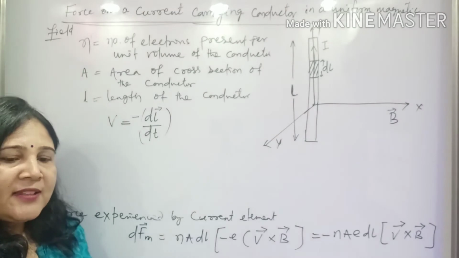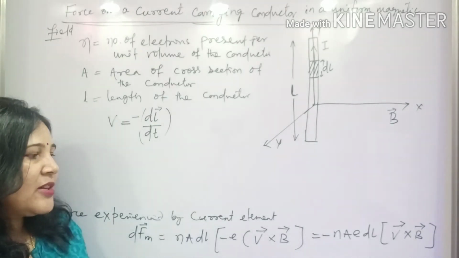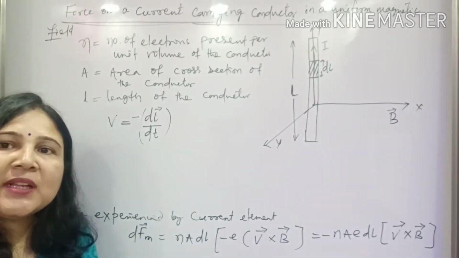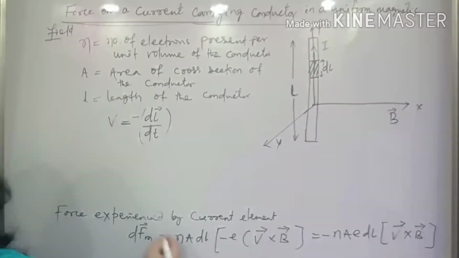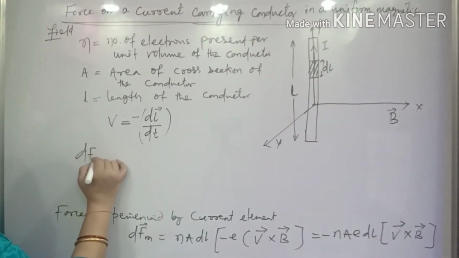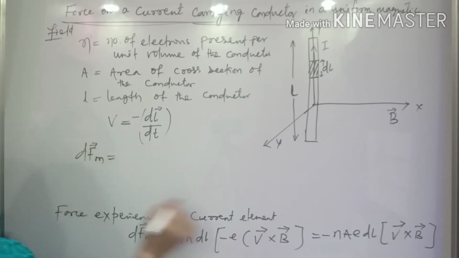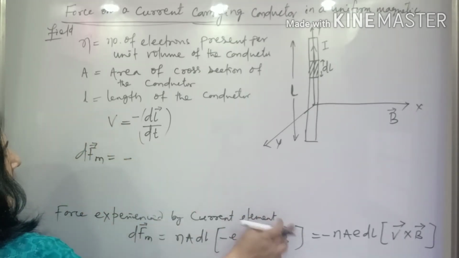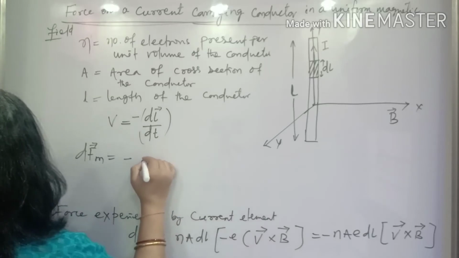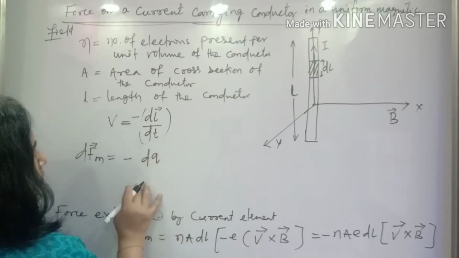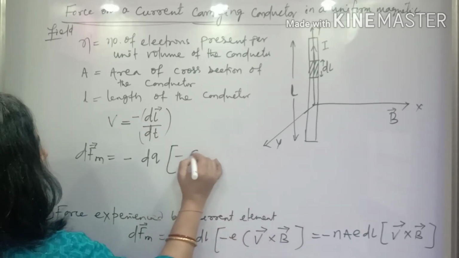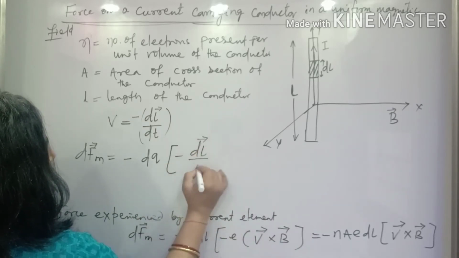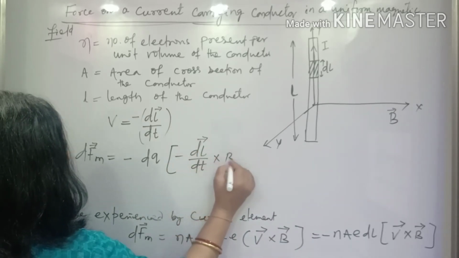Now NaDl, the volume, into the charge, gives you the total charge present over here. So in that case this dFm can now be written as minus NaeDl, and in place of that I'll write dq. And in place of V, I'll write minus dl by dt, cross B.